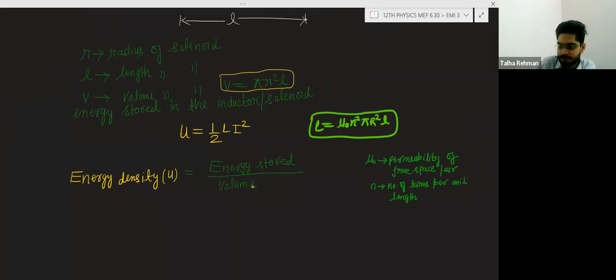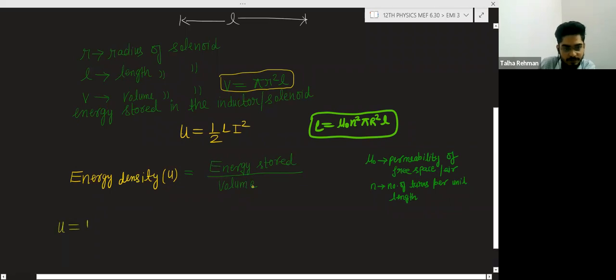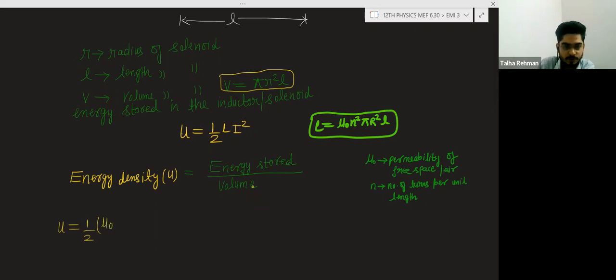Now this is the energy stored. U is equal to half, and what is L? L is mu naught n square pi r square into L. Now how will I calculate the current?